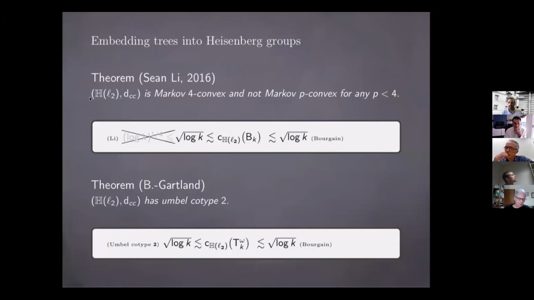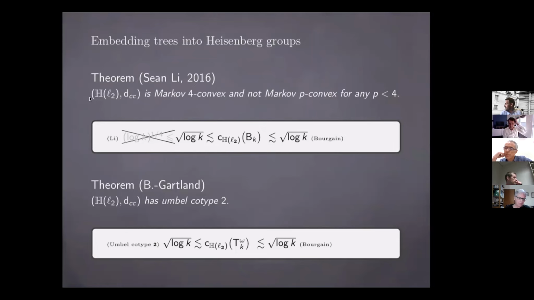But they do not embed bilipschitz into a Banach space with property beta P, because beta implies reflexivity, and we know that this Heisenberg group, they do not embed bilipschitz into reflexive Banach spaces. Now the thing is, we don't know if this Heisenberg group they are Umbel convex. We can only show that they have Umbel cotype P.